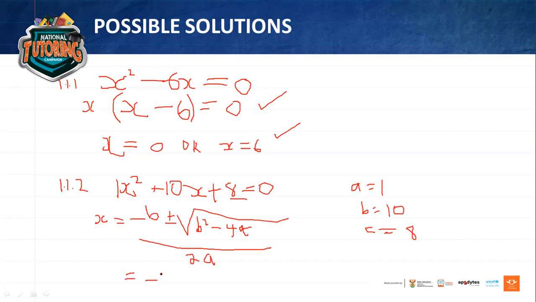So it's going to be minus 10 plus or minus the square root of 10 squared minus 4, this is our bracket, our A is that invisible 1, and our C is our 8.